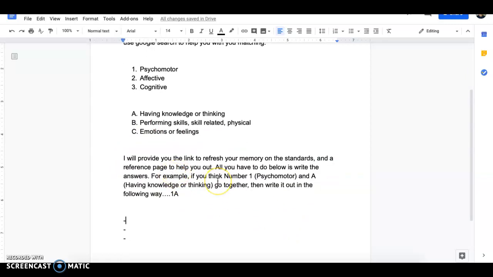I'm going to give you the link to refresh your memory about the standards and the reference page that I just showed you. All you have to do is write down the matchup. If you think number 1, which is psychomotor, and A, meaning having knowledge or thinking, go together, then you're going to write it out as 1A.